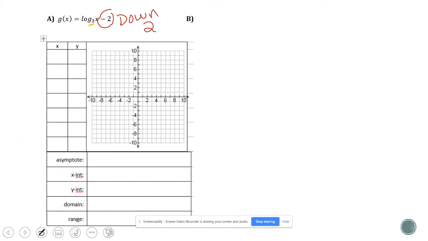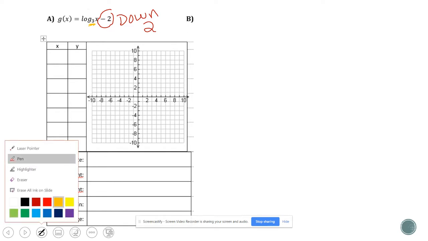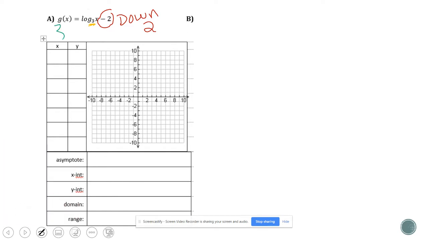Our base is 3. So we start with 3 to the x. And I'm going to use negative 1, 0, and 1. 3 to the negative first is a third. 3 to the 0 is 1. 3 to the first is 3.